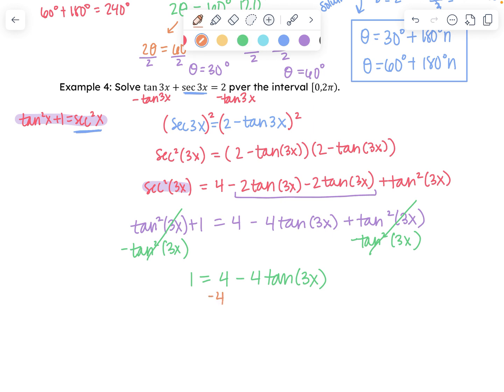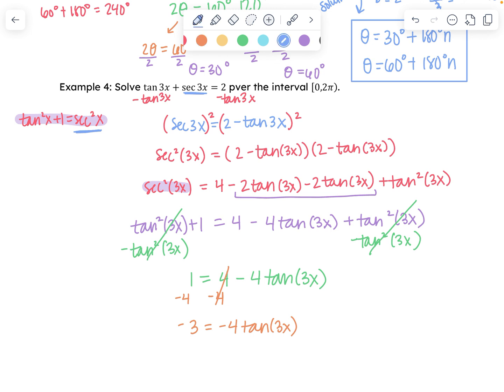I can subtract 4 from both sides. So 1 minus 4 is what, negative 3.